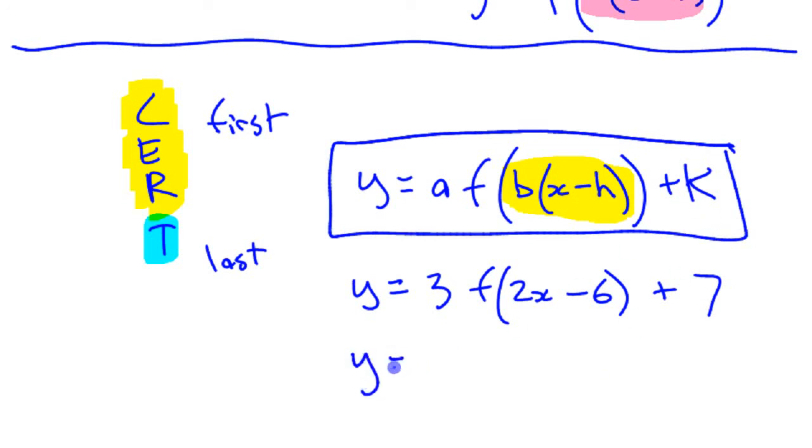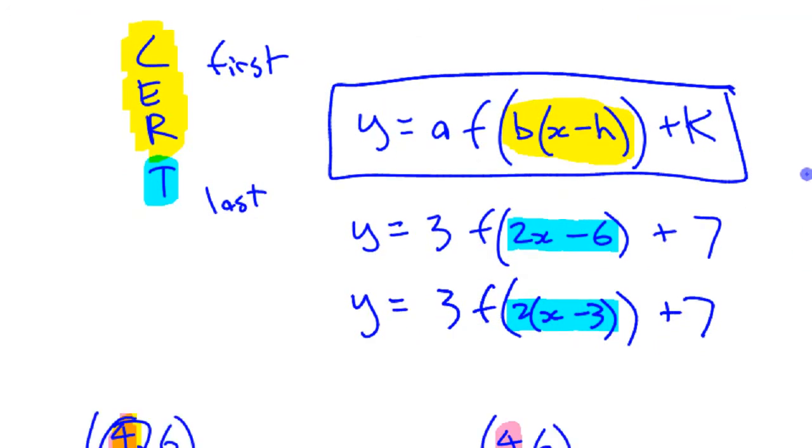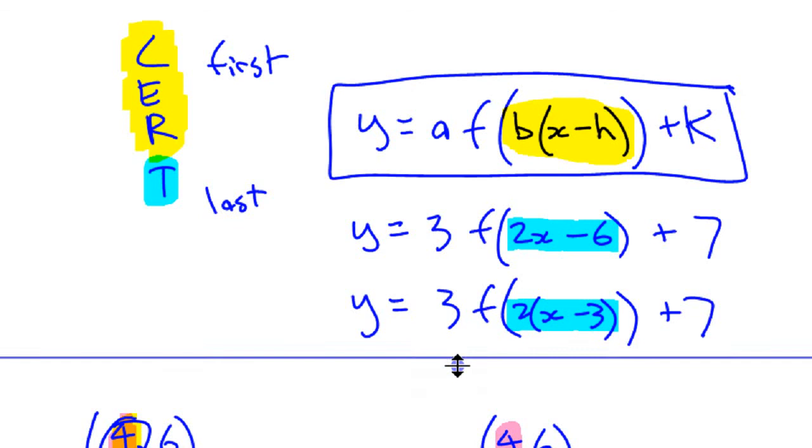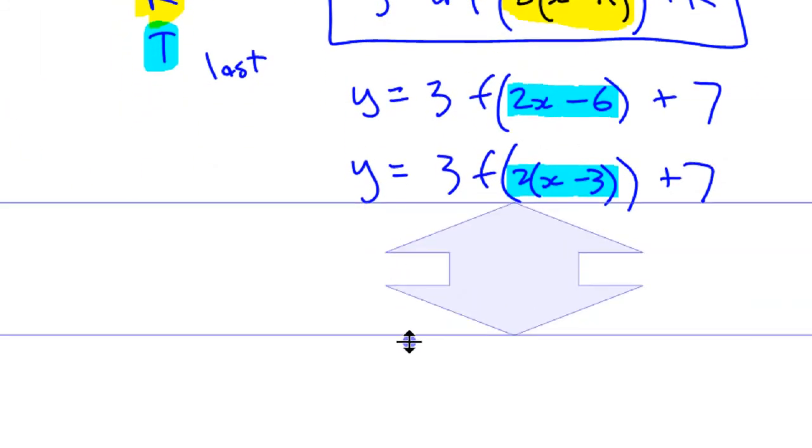So they would change the expression inside and write it instead as 2(x - 3), factor it out. Those two things are going to give you exactly the same result, right?